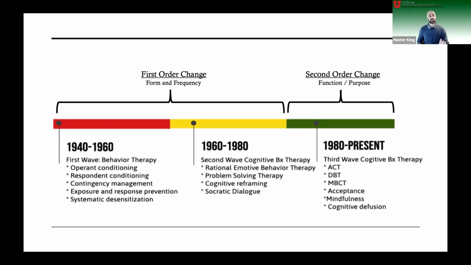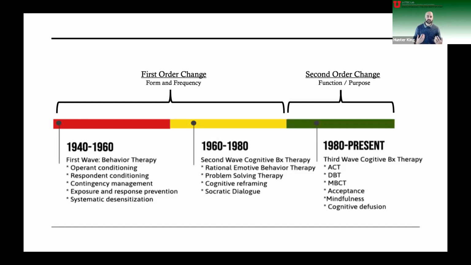First and second wave fall under first order change, which sees the form or frequency or content of our thoughts or behaviors as problematic. And then in order for somebody to get better, we need to target that behavior or change that thought in order for them to benefit from therapy. So it looks at changing how often a behavior is occurring or how we think about something. It views them as problematic. Second order change takes a very different approach.